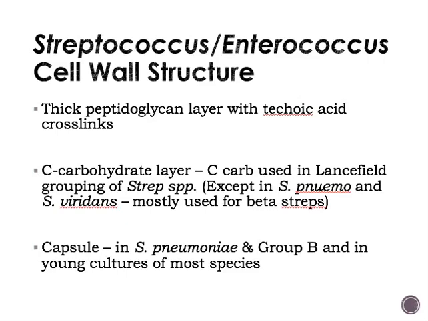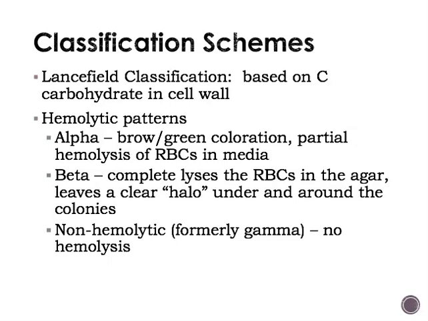And then a capsule can be present in colonies of strep pneumoniae and group B strep and in young cultures of most strep species. So the classification scheme, so these are commonly used approaches for the classification of these gram-positive catalase-negative organisms, which again, makes up the family of Streptococcaceae.